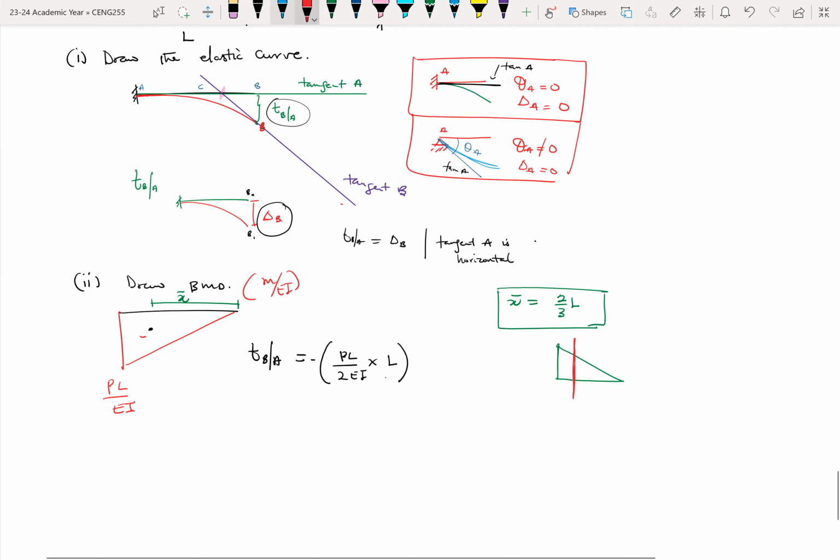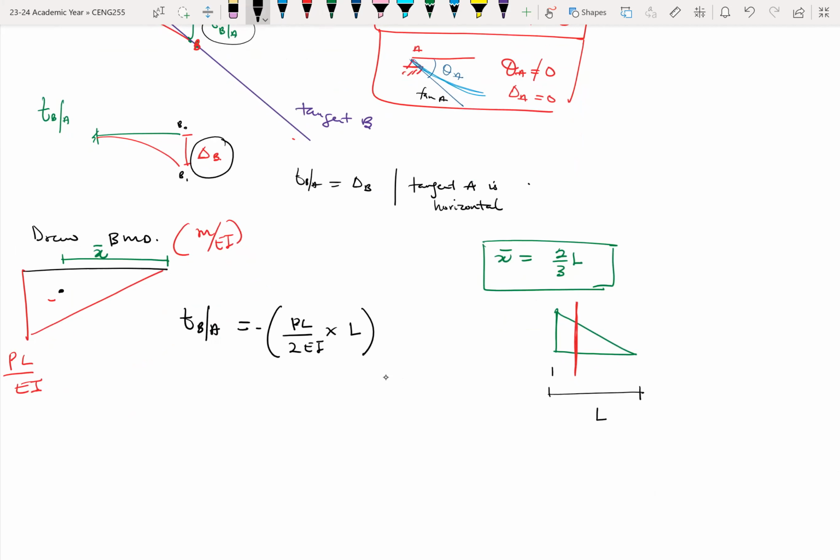So if this whole thing is L or whatever value it might be, the distance here, let me call it x1, and the distance over here, x2. So x1 will be equal to L over 3, and x2 will be equal to 2/3 of L. So these are to find the centroid or the center of gravity of a shape.